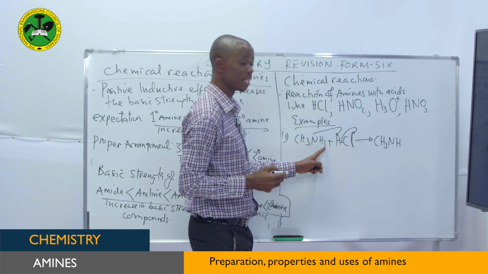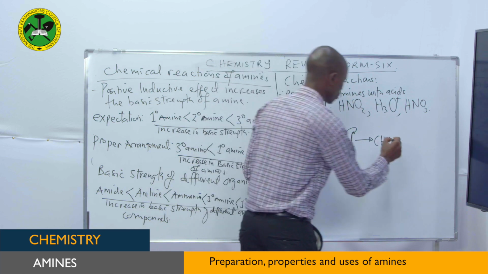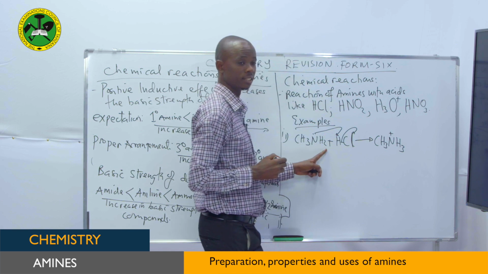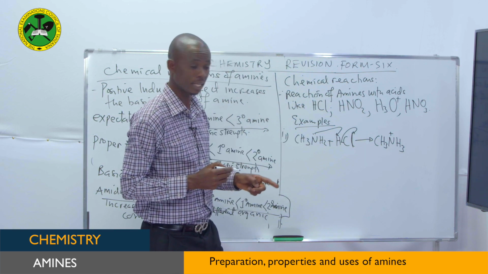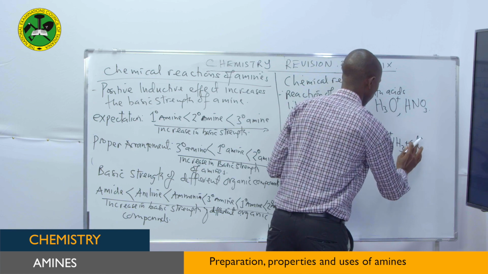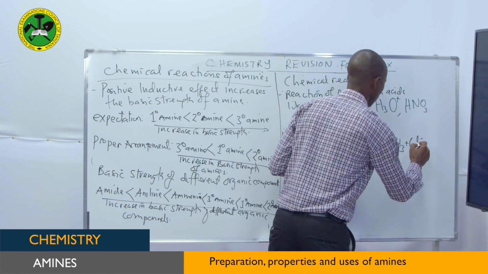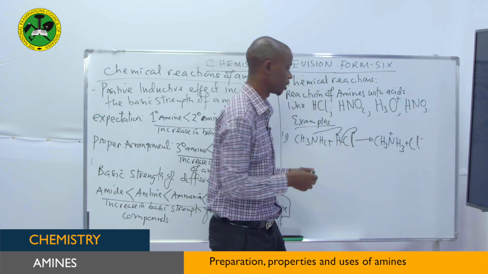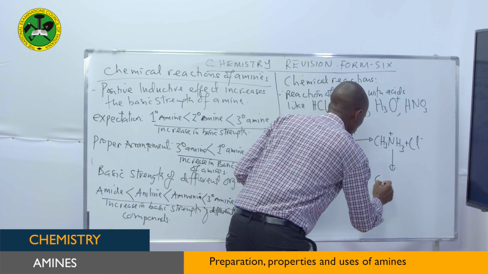So we are going to have this compound. When this proton comes here, there are going to be 3 hydrogen atoms. But this nitrogen will be positively charged because it has lost its lone pair. And we have the chloride ion there. So this can stabilize this positive charge, so they can be together forming this one.